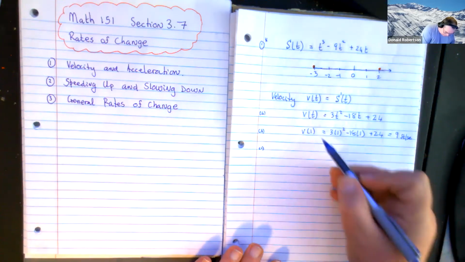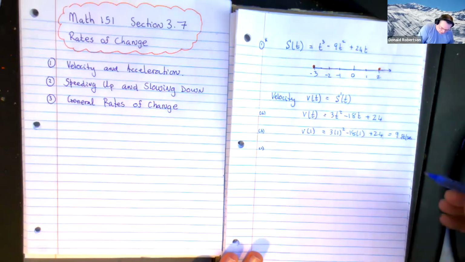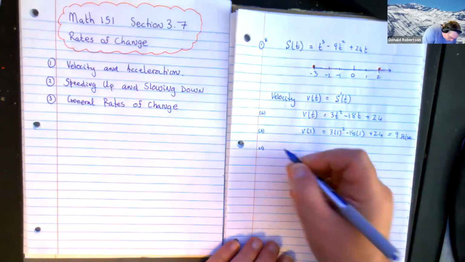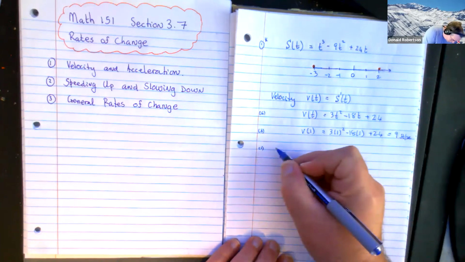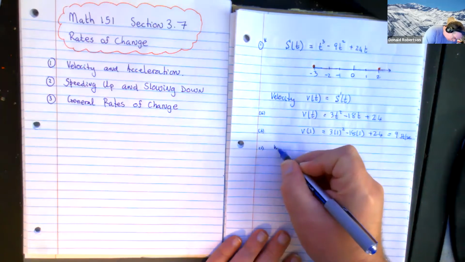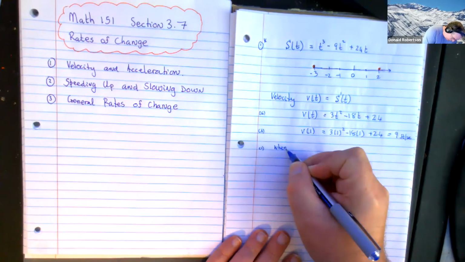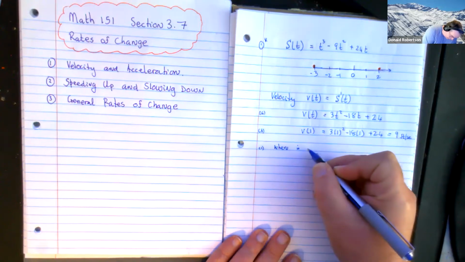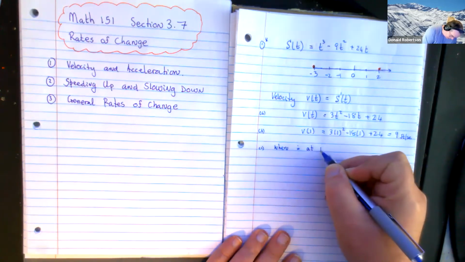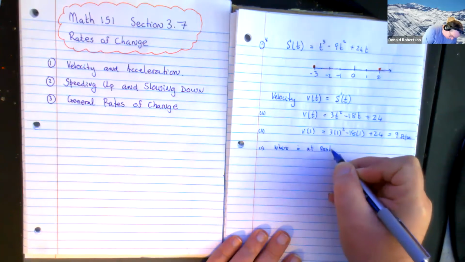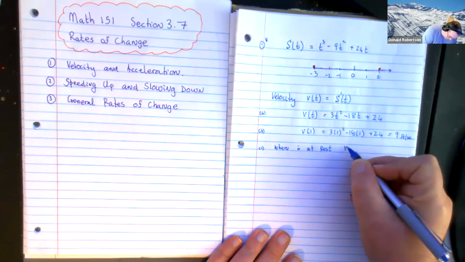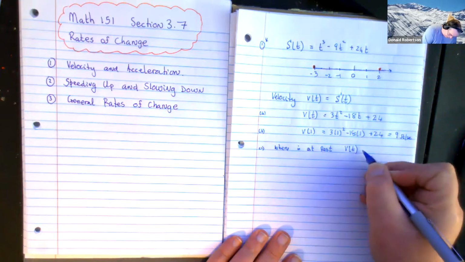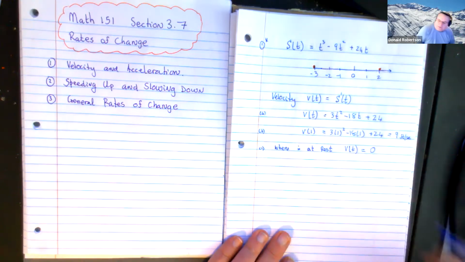Now, not only can you use the velocity to tell you what velocity you're going at any given time, you can also answer questions like when. So I could say to you, when is this moving object at rest? Now that means the velocity is 0. Right?